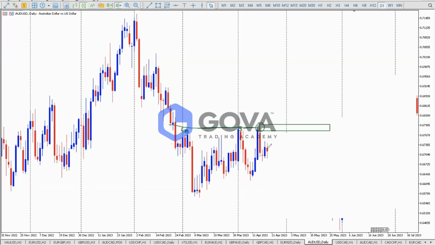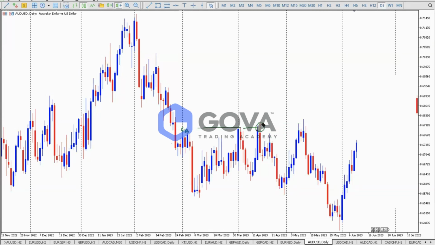That is why when price came into that area, market price rejected and went down. It is as simple as that. Market came to the level, rejected, and went down. Very simple stuff.